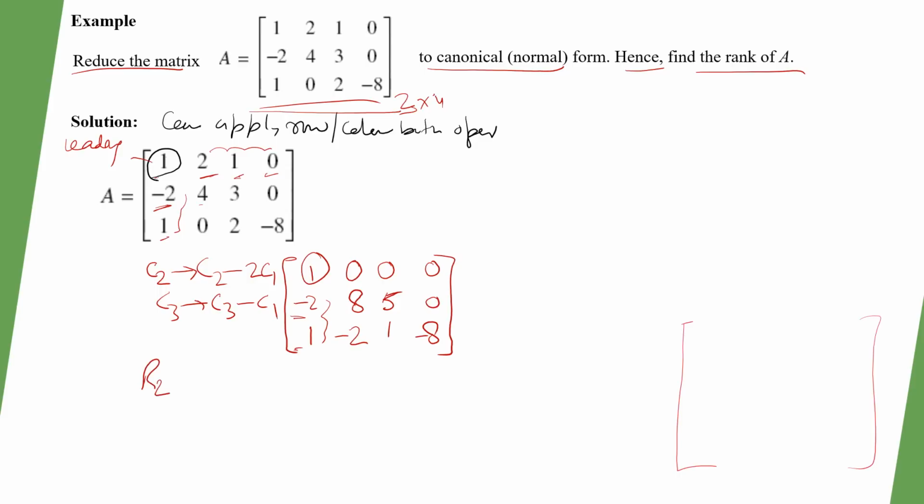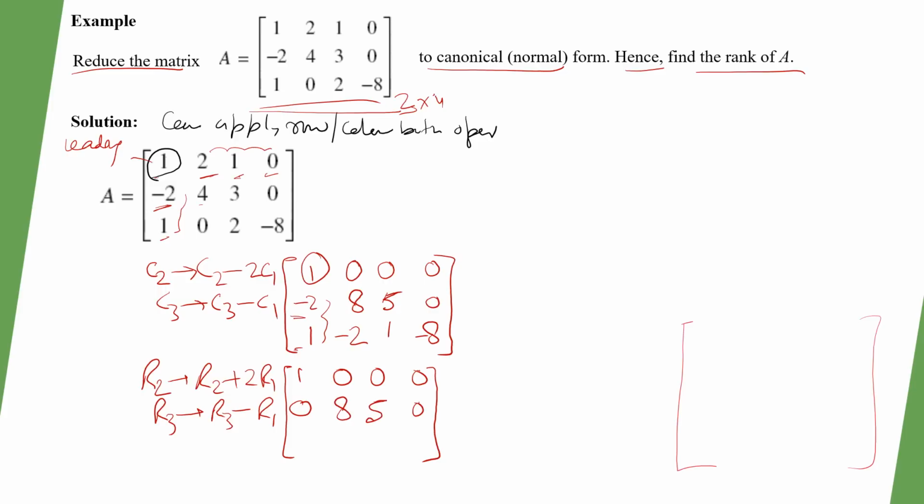So R2 plus 2 times R1, R3 minus R1. So the matrix reduces to 1 0 0 0, and this has become 0. This is 8 5 0. That element becomes 0, minus 2, 1, minus 8.